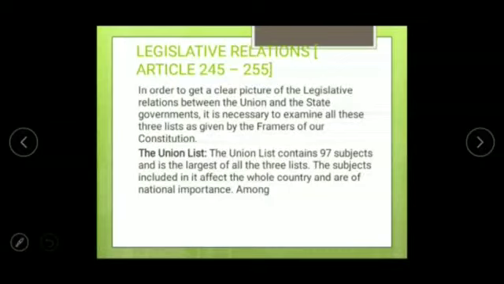Now, what are these subjects on which the Union can make law? They are defense, armed forces, arms and ammunition, atomic energy, foreign affairs, war and peace, citizenship, extradition, railway, shipping, navigation, airways, and so on. UPSC, income tax, customs duties, so many things are there.